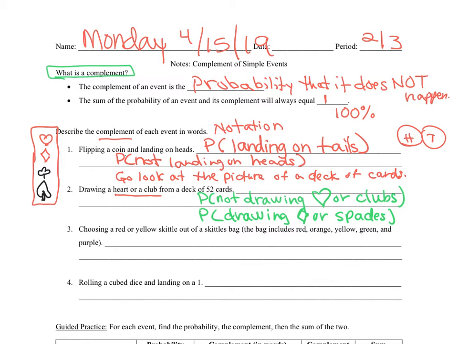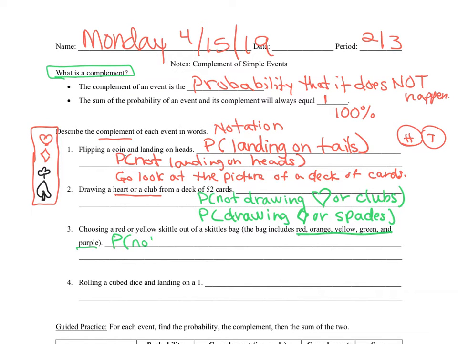So choosing a red or yellow Skittle out of a Skittles bag. The bag includes red, orange, yellow, green, and purple. So I have 1, 2, 3, 4, 5 total, but we're not doing it. So the probability of choosing a red or yellow.